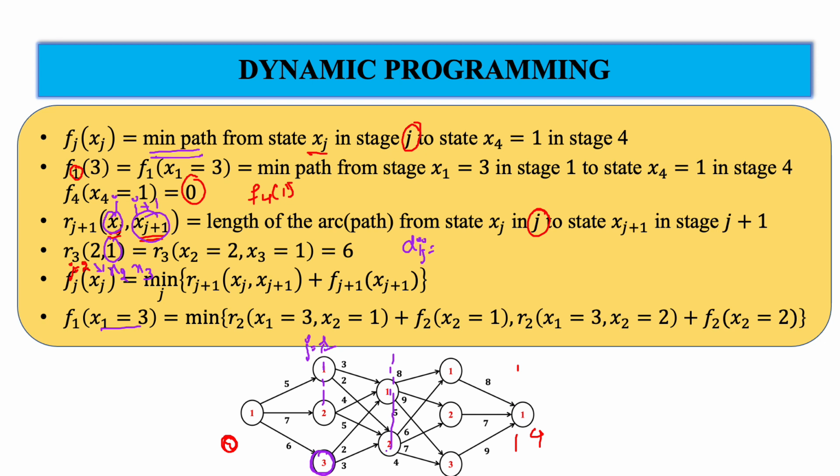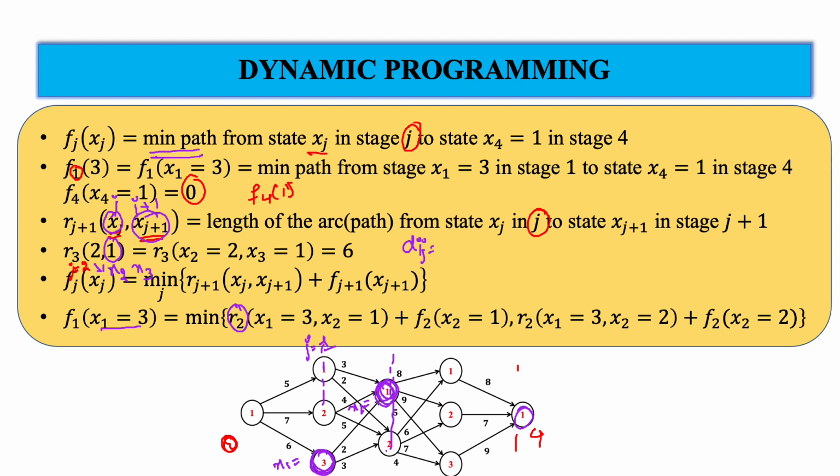You have to define this arc length. How will you define it? Here the jth value is what? j is 1, so 1 plus 1 is 2, r2. x1 is equal to 3 and x2 is equal to 1. Plus the minimum length from this to the final stage.